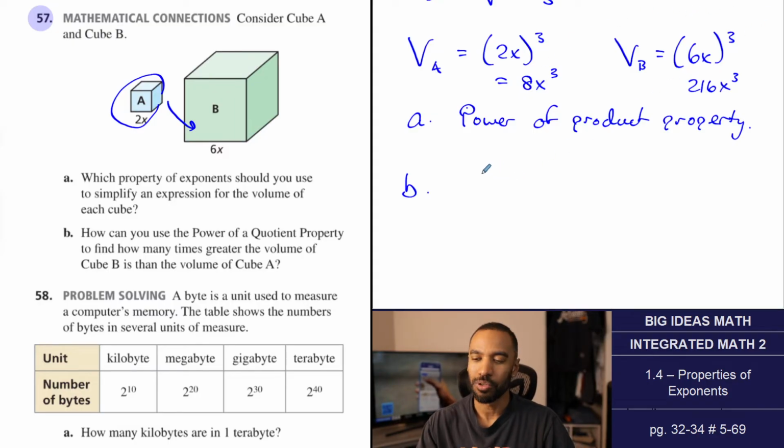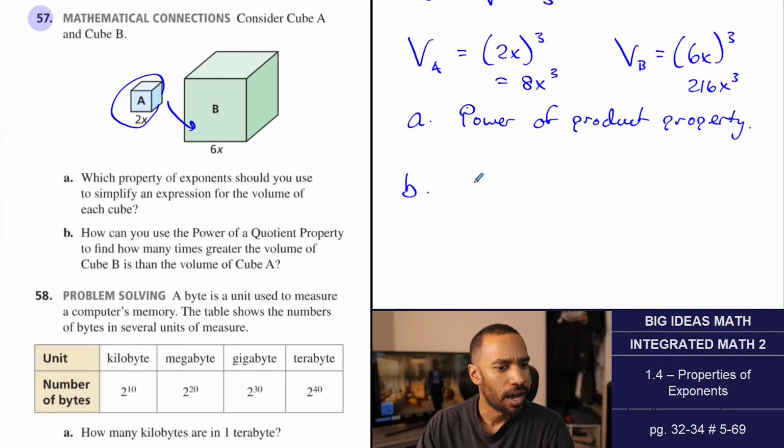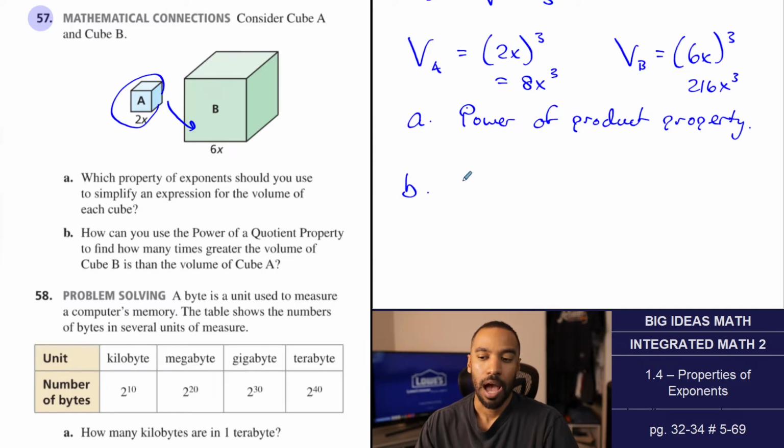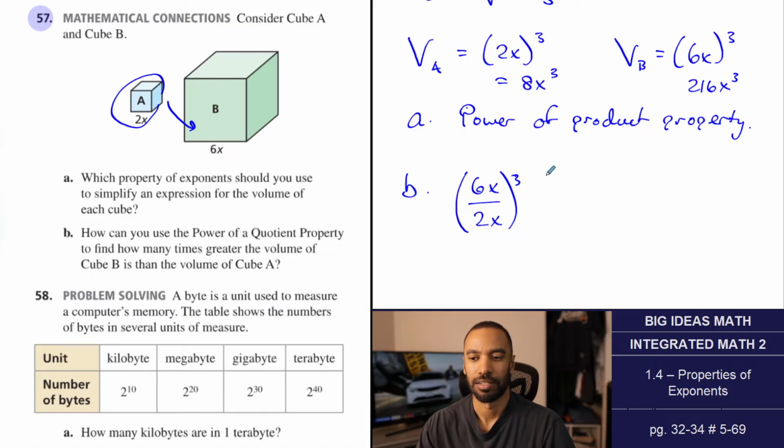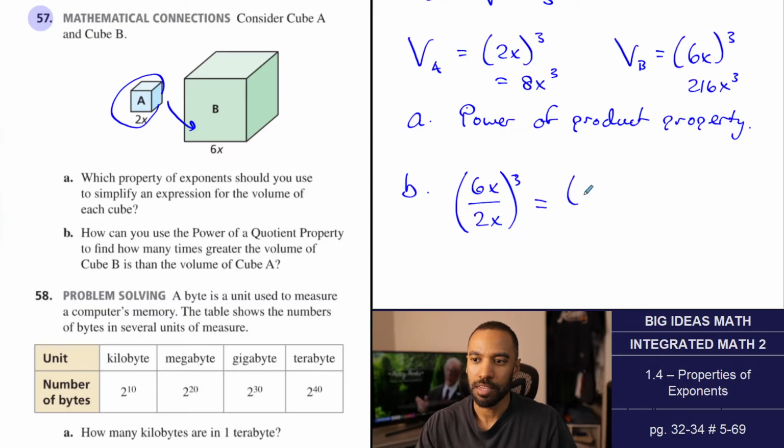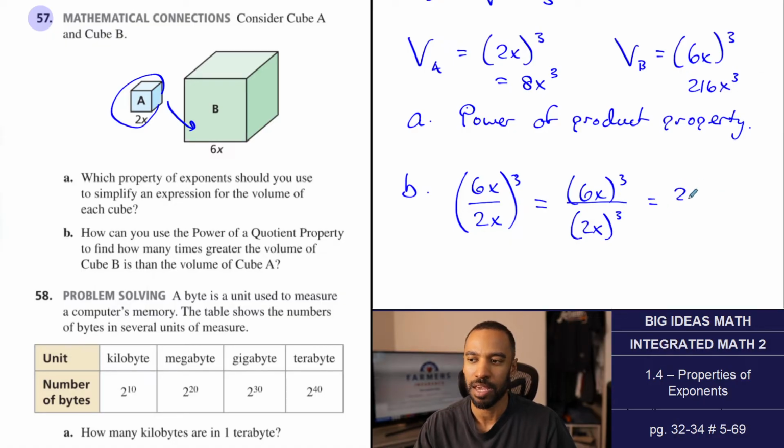So how can you use that power of a quotient? How many times greater is the length of cube B over cube A? You take this over this and you cube that, right? Because that's what gives you your 6x cubed over 2x cubed, which is the volume of one divided by the volume of the other, which is 216x cubed over 8x cubed.